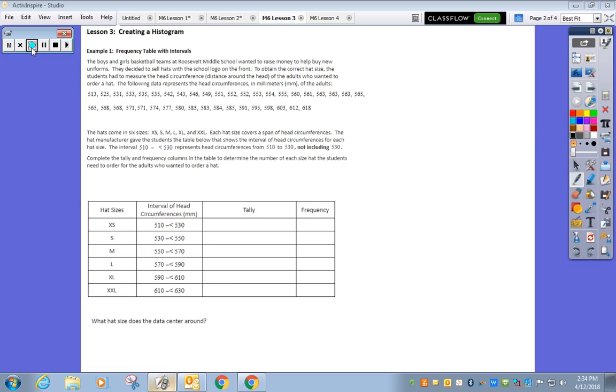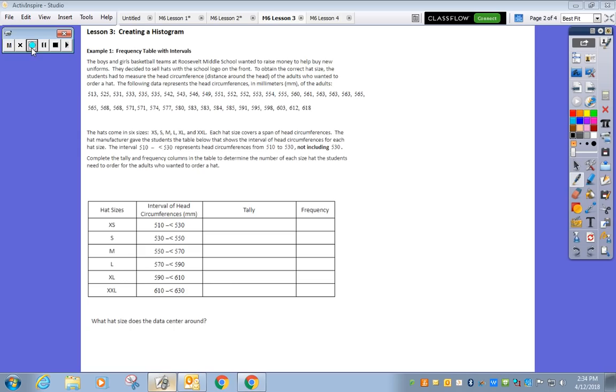It says the boys and girls basketball teams at Roosevelt Middle School wanted to raise money to help buy new uniforms. They decided to sell hats with the school logo on the front. To obtain the correct hat size, the students had to measure the head circumference, which is the distance around the head, of the adults who wanted to order a hat.